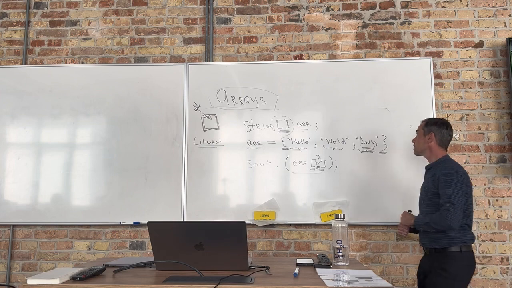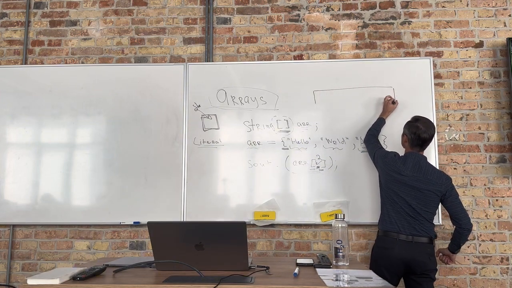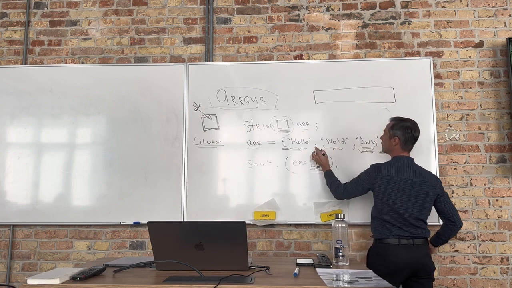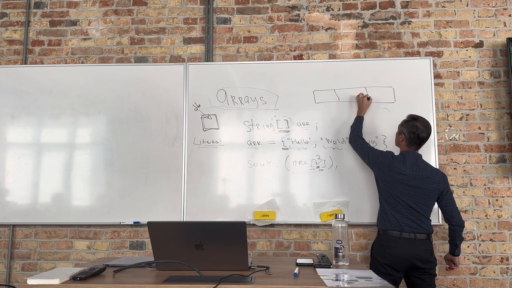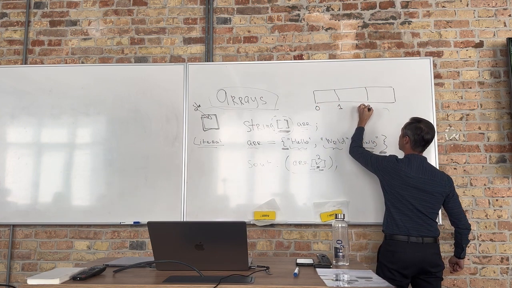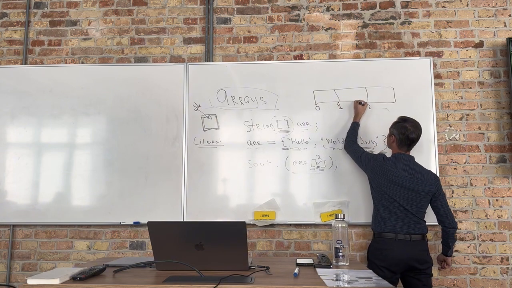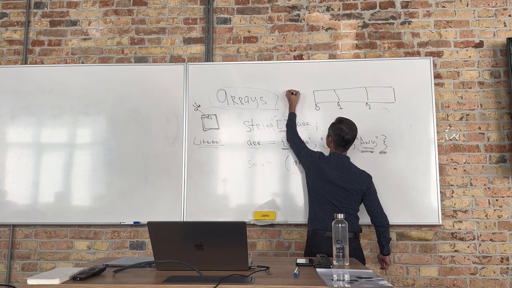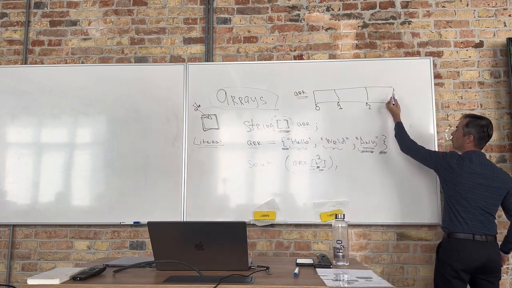So this is how it works, and if we draw our array in memory, it is like we have these pointers here, and this is our array, and it takes memory.